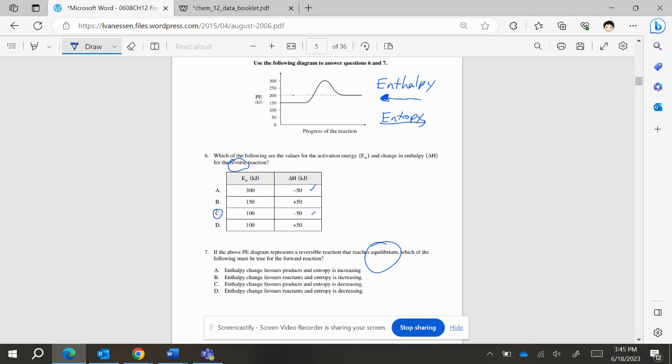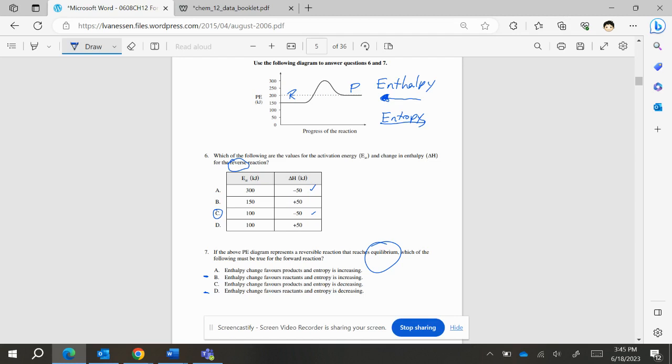First off, we do know that enthalpy favors the reactants because it favors minimum enthalpy, and these things are the products. So enthalpy favors the reactants. So we know the answer is going to be B or D right here.